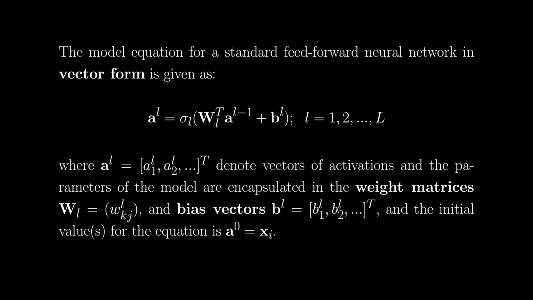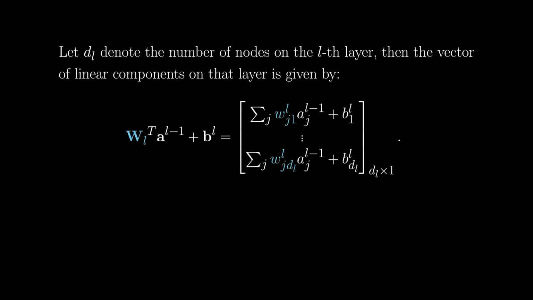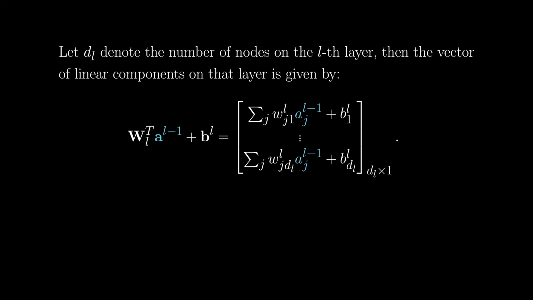In vector form, this is as simple as: the vector of nodes or activations in the Lth layer, where L is an index, is given by some operation or activation function, to use the machine learning nomenclature, applied to a vector for which each element is a linear component in the previous layer's activations, i.e. nodes. That is, a set of linear components given by a weight matrix, which contains all the weights connecting the nodes on the (L-1)th layer to the Lth layer, post-multiplied by a vector of activations on the (L-1)th layer, plus a vector of bias terms.